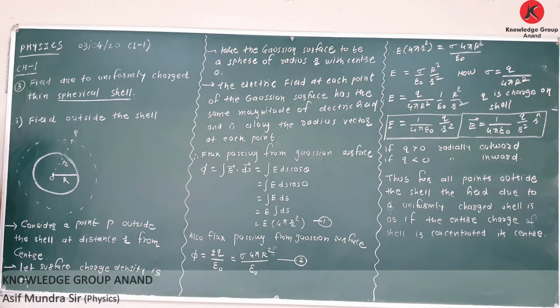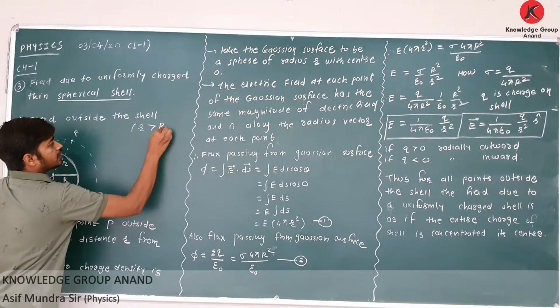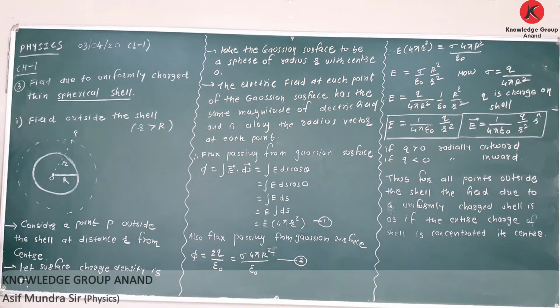We want to find the electric field at point P outside the shell, at a distance r from the center. So here we can write small r is greater than capital R. Clear? We want to find the electric field at point P.